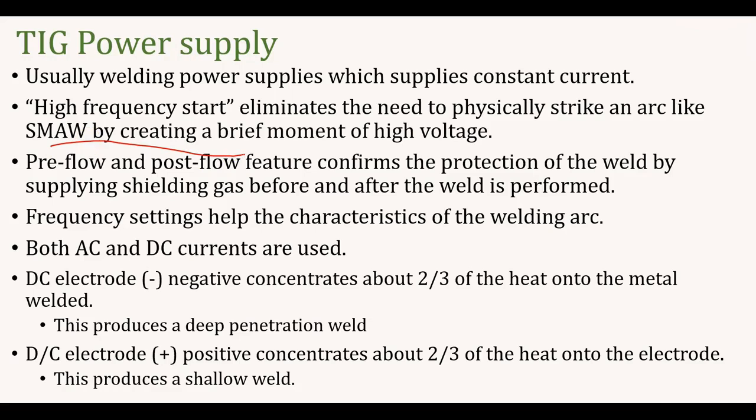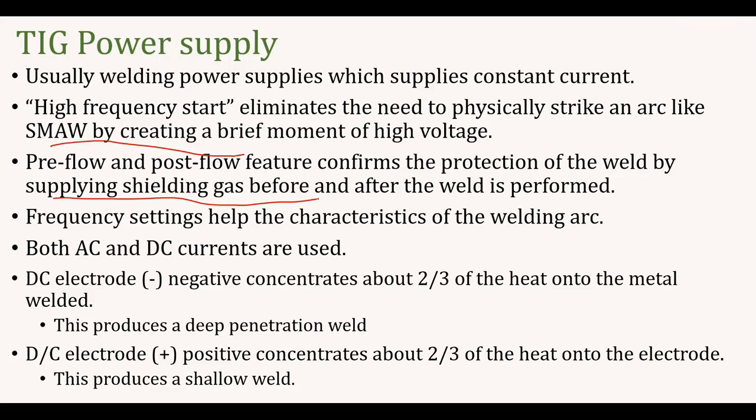Pre-flow and post-flow features ensure protection of the weld by supplying shielding gas before and after the welding is performed. Frequency setting helps control the characteristics of the welding arc, and we are also able to use both AC and DC current in the TIG process, and very importantly, here we can also get straight polarity or reverse polarity.